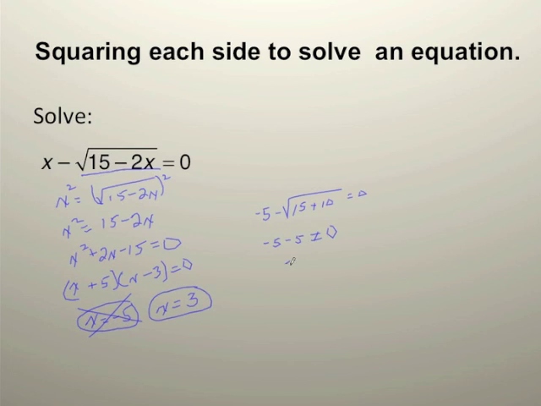And now I'll check the 3. 3 minus the square root of 15 minus 2x, so minus 6, equals 0. 3 minus the square root of 9, that square root is 3, equals 0, and we're good. This one checks, and we have the solution of x equals 3.